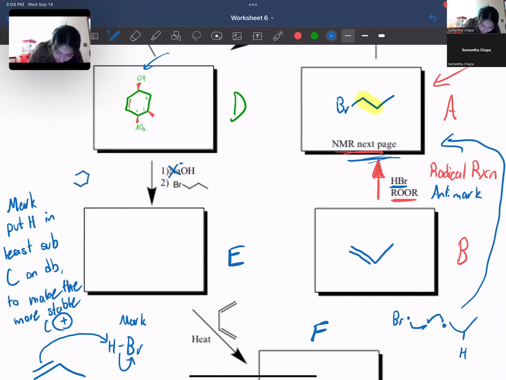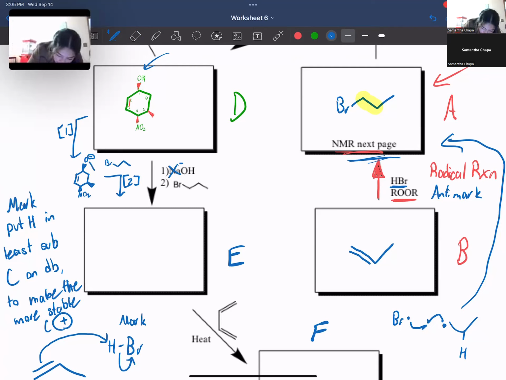So I'm going to show you the intermediates. Negatively charged oxygen. This is what happened with the first reaction. And the second reaction is just an alkyl halide, so it has a good leaving group. So if I write my alkyl halide, we see a good electrophile and a good nucleophile.